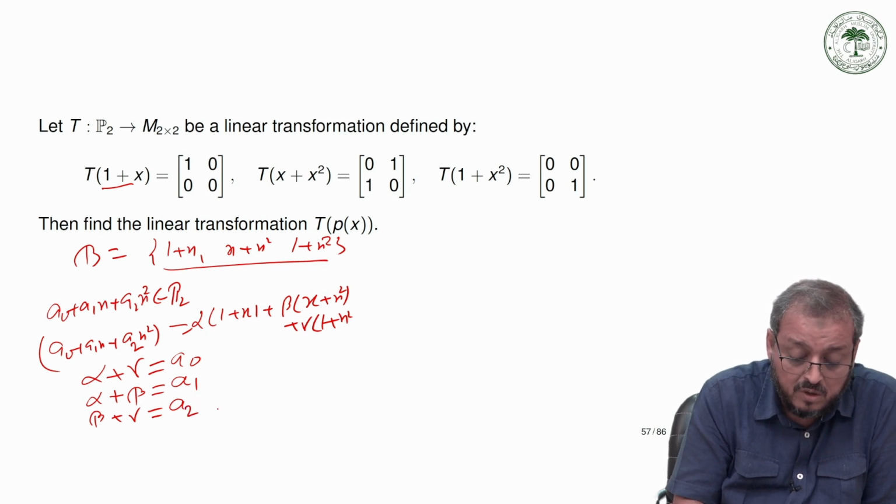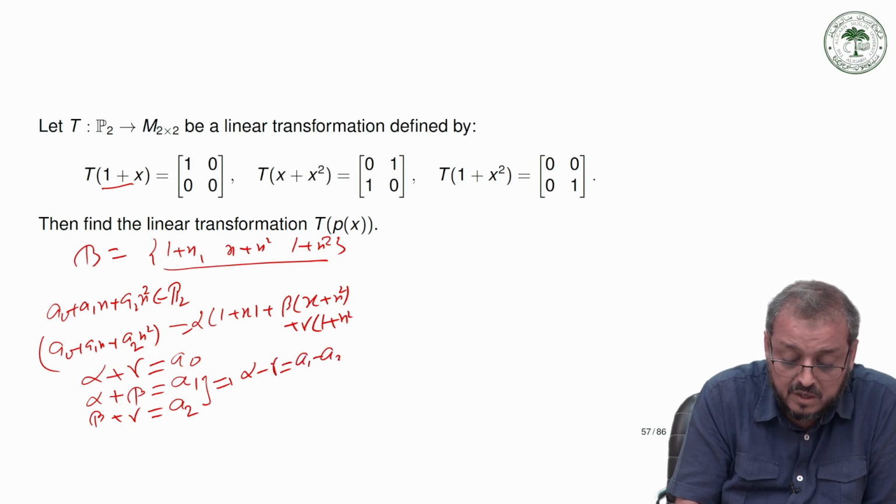Now again by these two we can say that alpha minus gamma is equal to a1 minus a2, and then we have given alpha plus gamma is equal to a0. Adding these two, we get twice alpha is equal to a0 plus a1 minus a2.